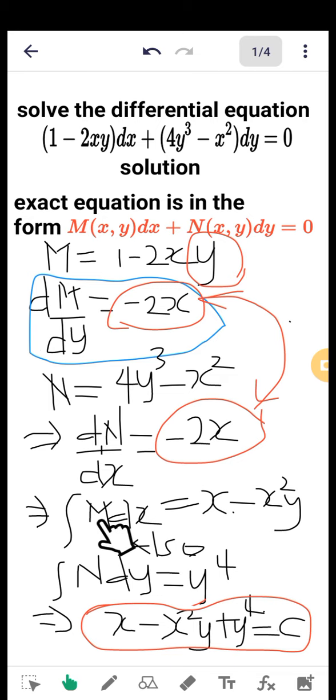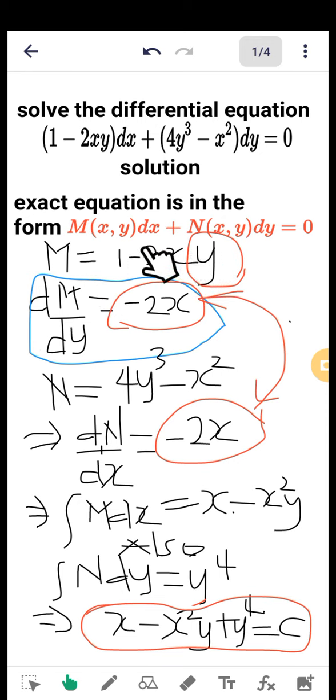So when we integrate M with respect to x, this is my M function. Because we are integrating M with respect to x, when we integrate 1, we are getting x.